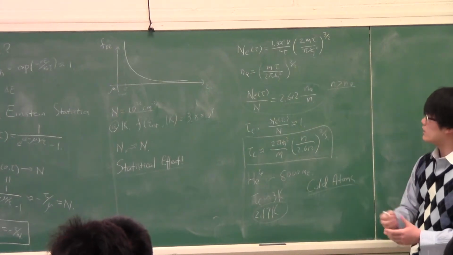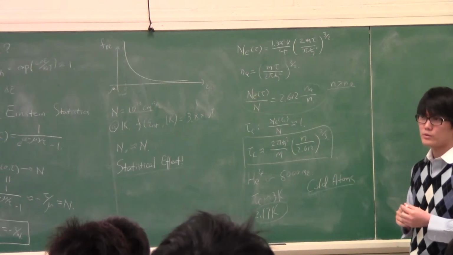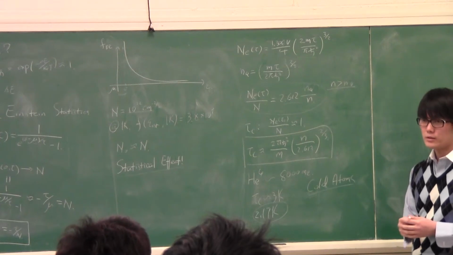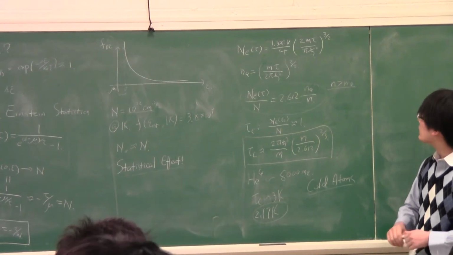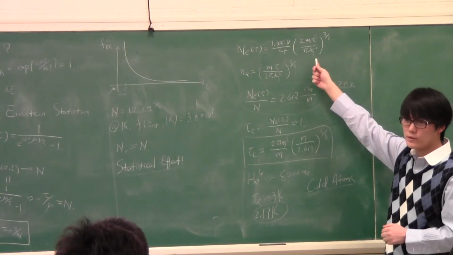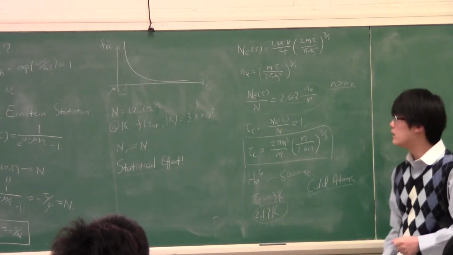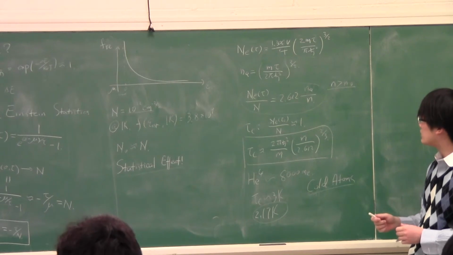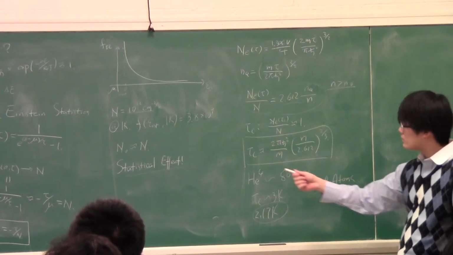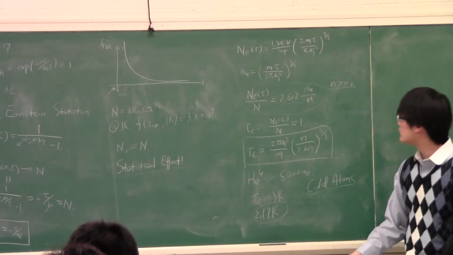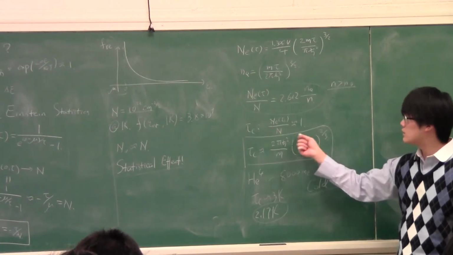Then if we evaluate the total number of particles in all of the excited states, we arrive at this relation, as a function of temperature, of how many particles are in all the excited states. We can then define a temperature at which this quantum statistical effect becomes important, the condensation temperature.